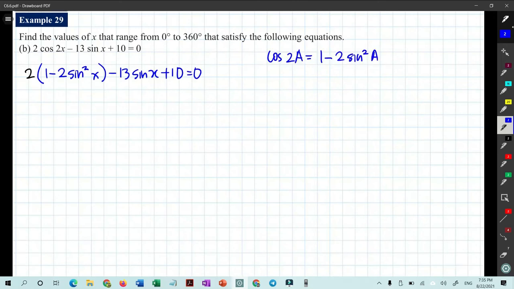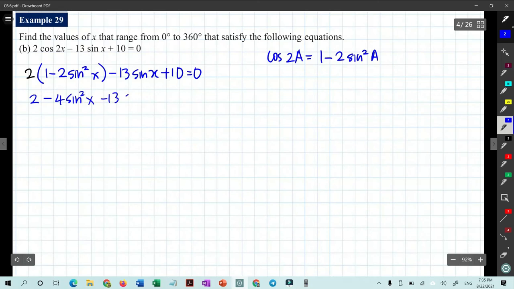So let's expand and simplify this equation. 2 minus 4 sine square x minus 13 sine x plus 10 equals to 0. And if you simplify this, you get negative 4 sine square x minus 13 sine x plus 12 equals to 0.